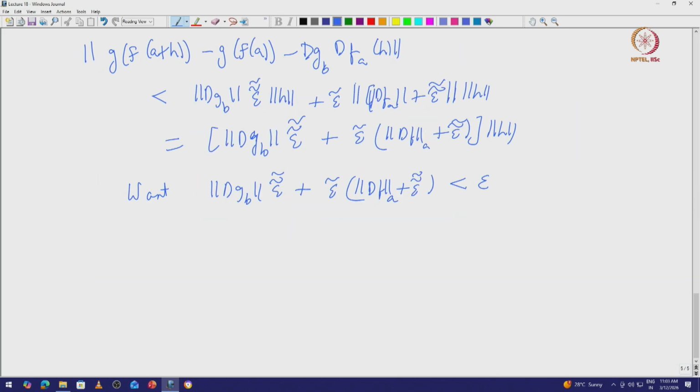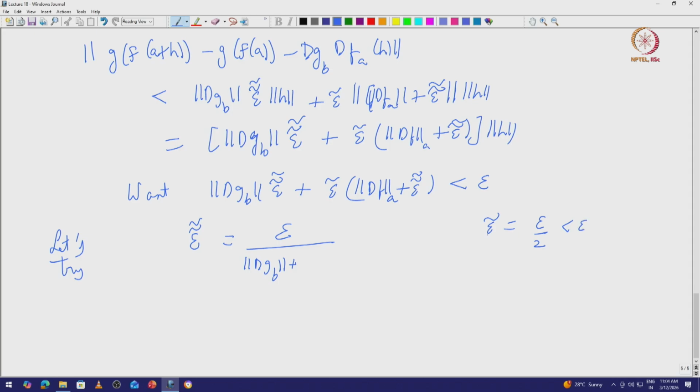So what should we choose epsilon tilde and epsilon double tilde to be, right? So suppose you choose epsilon double tilde to be, for instance, epsilon, let's try epsilon tilde to be simply equal to epsilon, and this to be, let's say, epsilon by 2, for instance, which is of course less than epsilon itself.